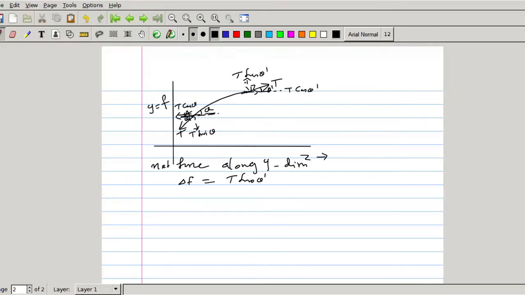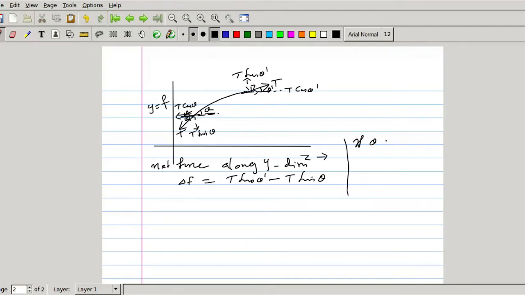Here y direction force is T sin theta prime, and here the force along y direction is T sin theta. This is along upward direction and this is along downward direction, or this is positive y direction, this one is negative y direction. So this is minus T sin theta. So the net force is T sin theta prime minus T sin theta.